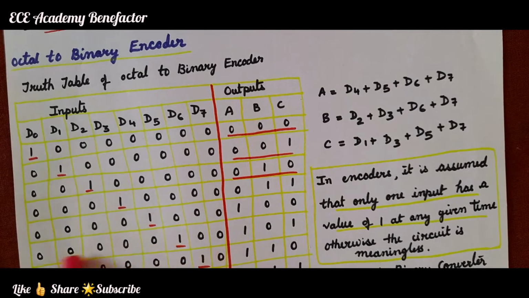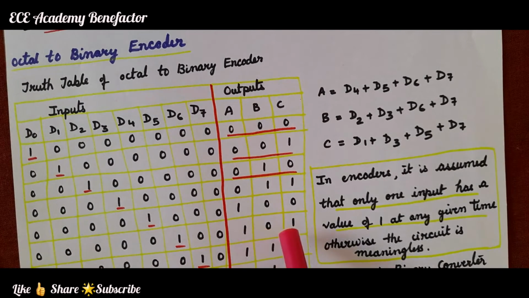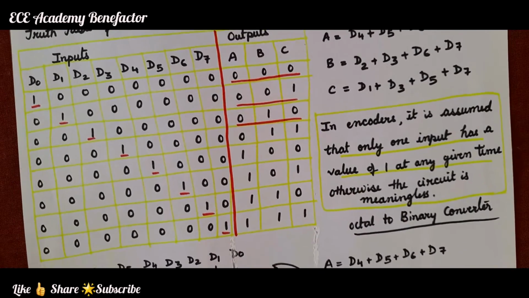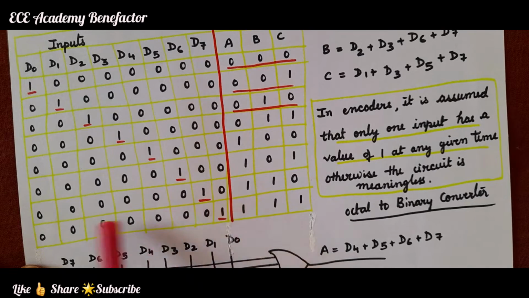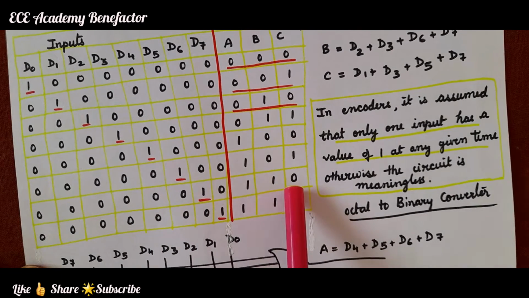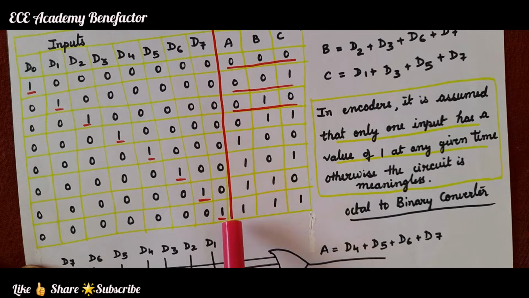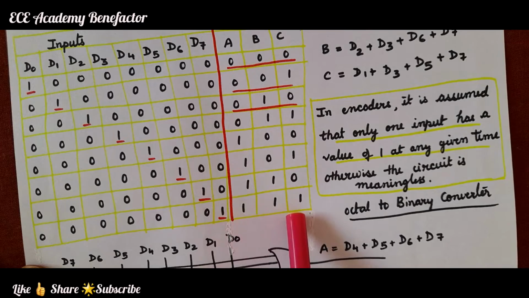D5 is 1 and all other inputs are 0. So, what does it mean? 101. If D6 is 1, all other inputs are zeros, the output will be 110. If D7 is 1, the output will be 111.